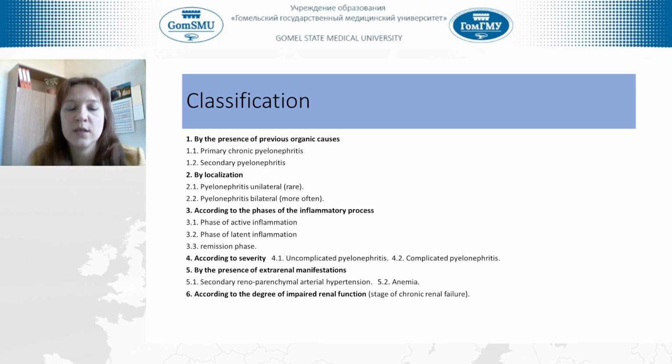According to severity, there is uncomplicated pyelonephritis and complicated pyelonephritis. Complicated pyelonephritis includes nosocomial infection, secondary chronic pyelonephritis with anatomical changes, urolithiasis, prostatitis, chronic pyelonephritis that develops after urological manipulation, catheterization, and metabolic or hormonal disorders, diabetes mellitus, chronic renal failure, immunodeficiency patients, HIV infection. If a patient with diabetes mellitus has chronic pyelonephritis, it is a complicated urinary tract infection.